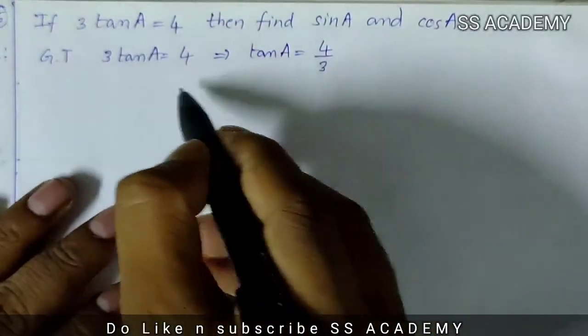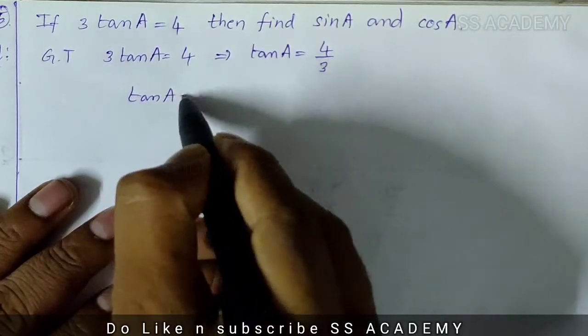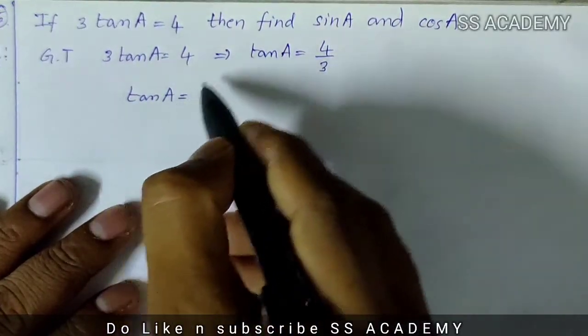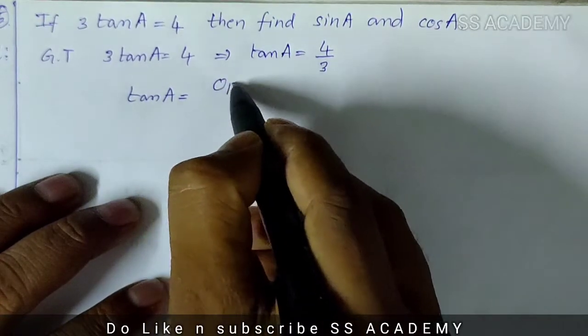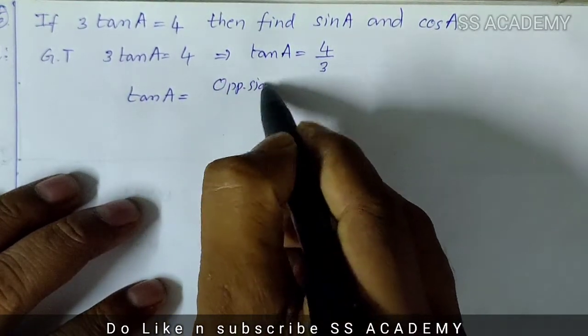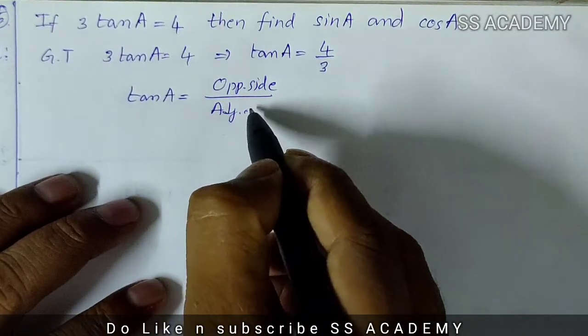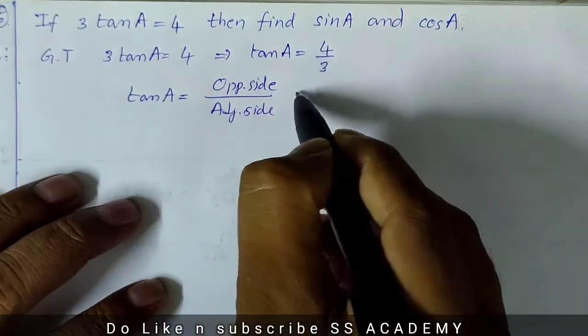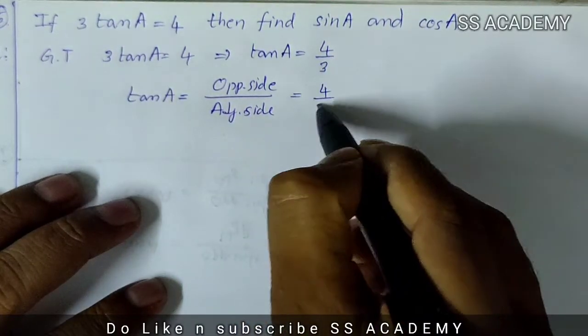We know that the formula for tan is opposite side by adjacent side, and that equals 4 by 3.